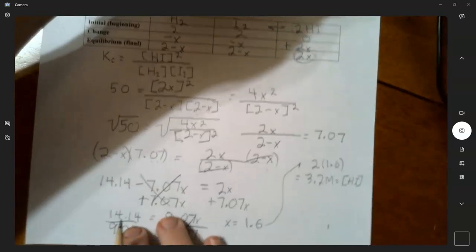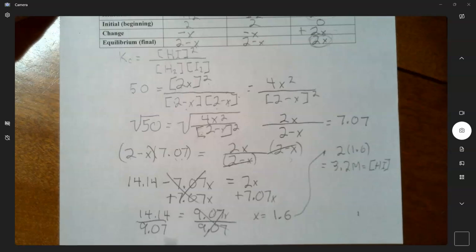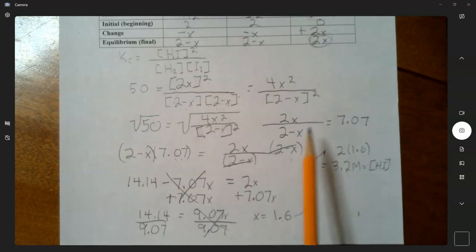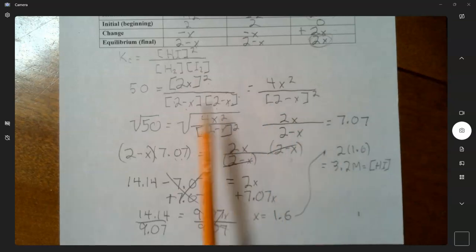Okay, now the reason you could not use the simplification is 1.6 is not much smaller than 2. It's 80% of 2. The 5% rule says it has to be less than 5%. It's nowhere near being less than 5%, and therefore, you can't use the simplification. You would have gotten an answer if you had eliminated these x's right here.